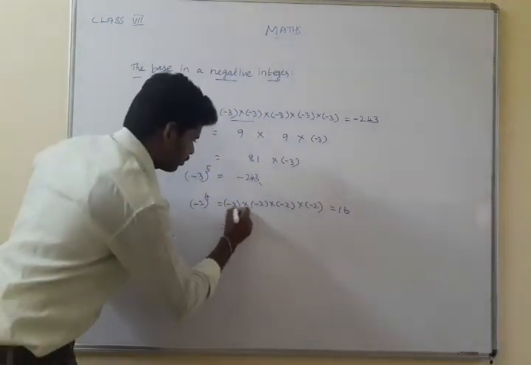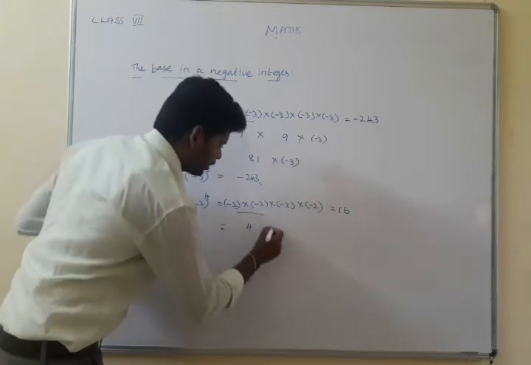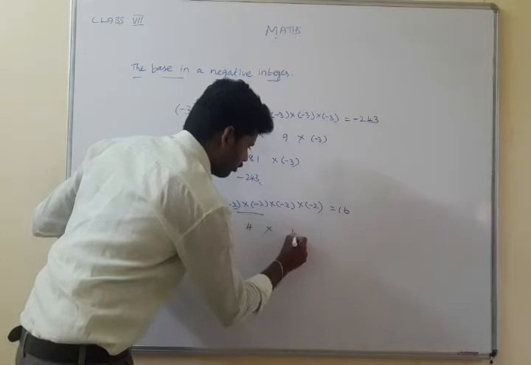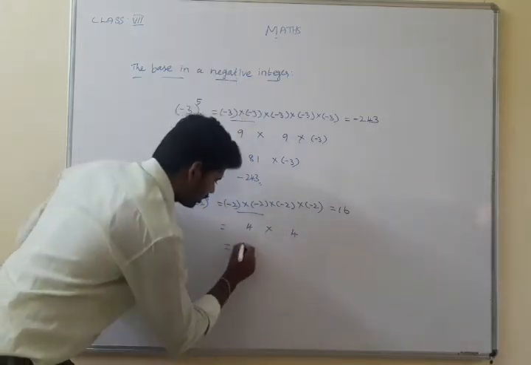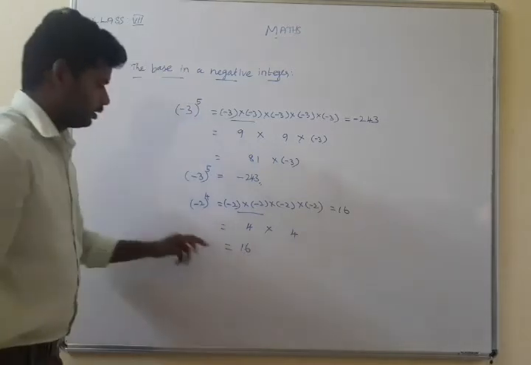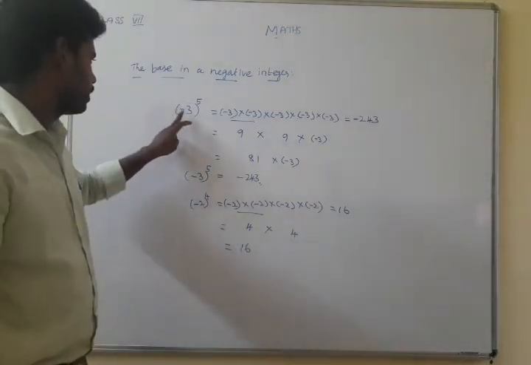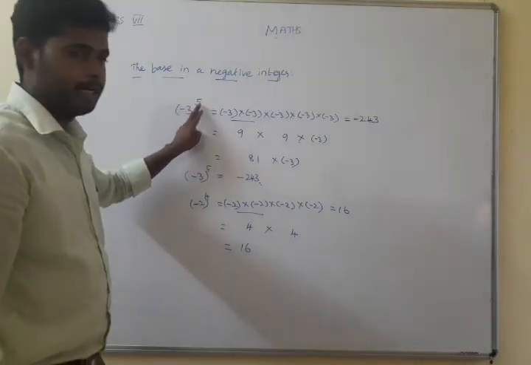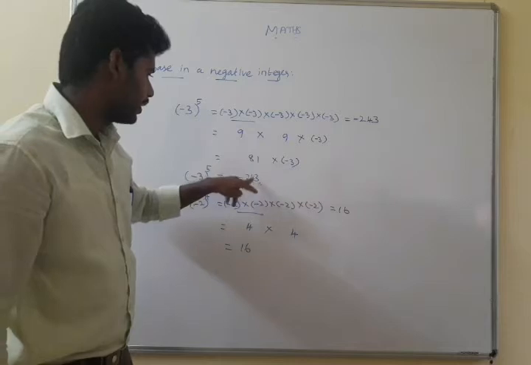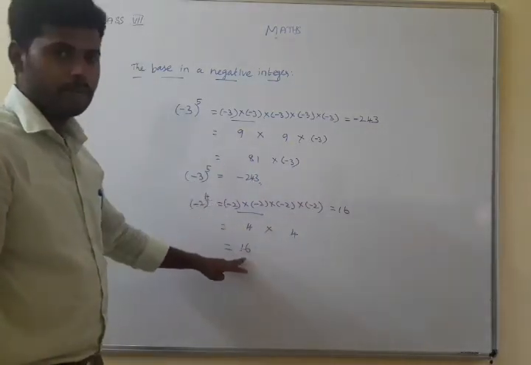Minus into minus is plus, 4 4s are 16. Here it is positive only. So if the base is negative and the power is an odd number, the answer is negative. If the power is an even number, the answer is positive.